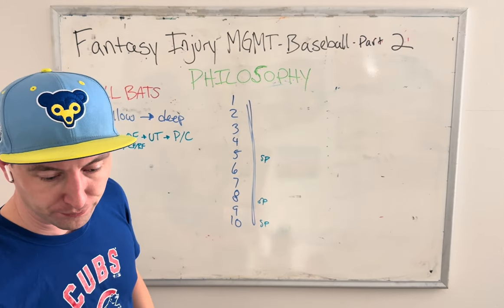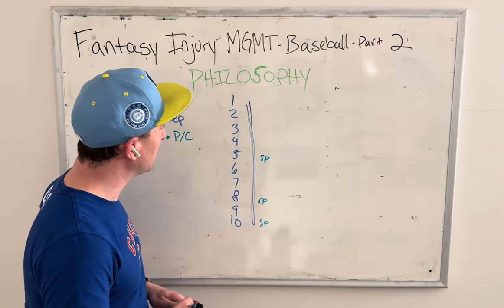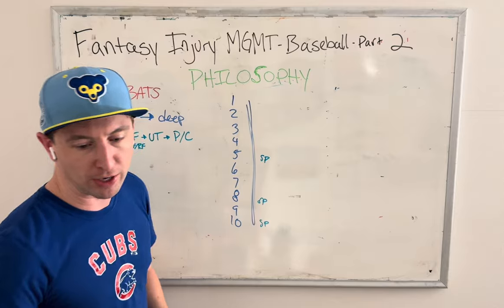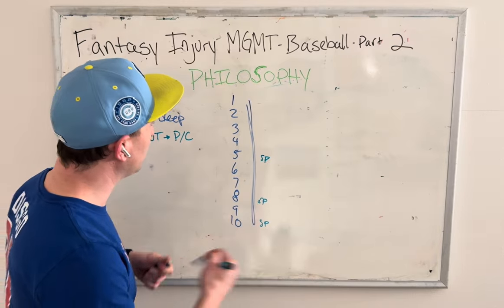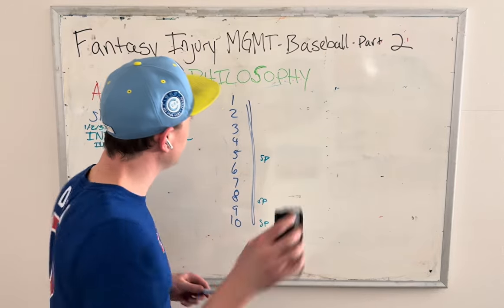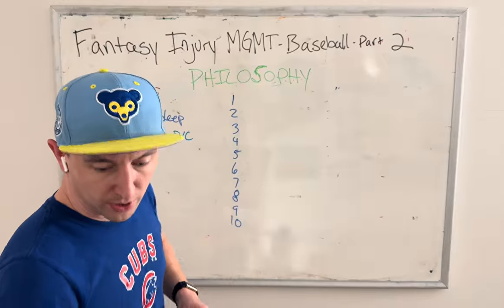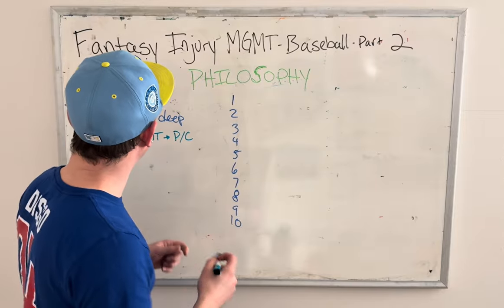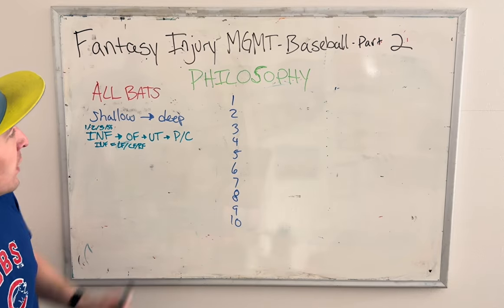Okay. So again, I'm going to try to fill out my whole lineup with bats in the first 10 rounds. That's what I'm going for. And when I do this, I'm trying to draft, again, infield, outfield, utility, pitcher, catcher.